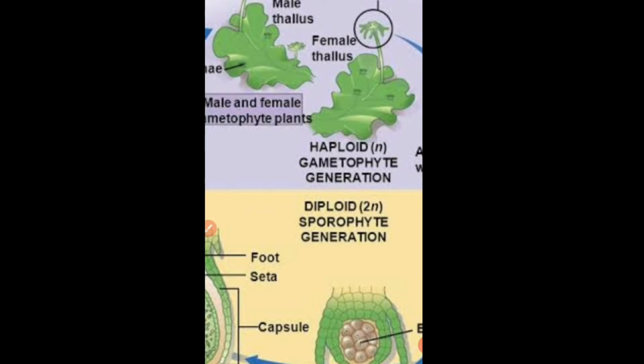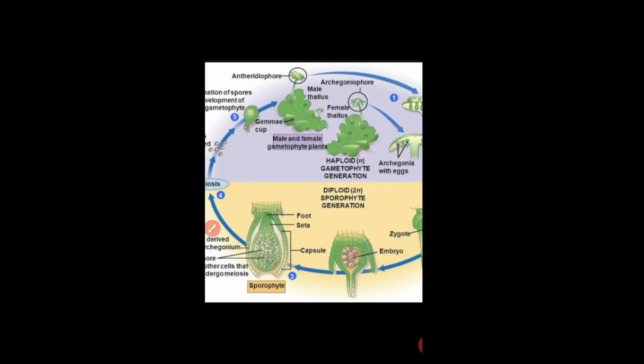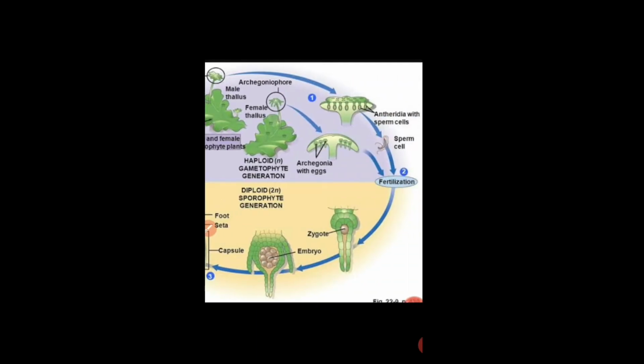Now this is female thallus, and here on female thallus we can see this is archegoniophore, right? Okay, now when they get mature, in archegoniophore it produces only one egg cell.